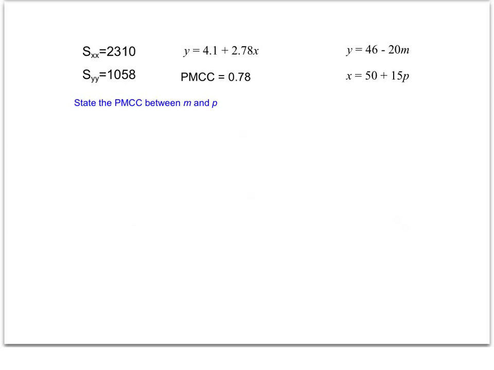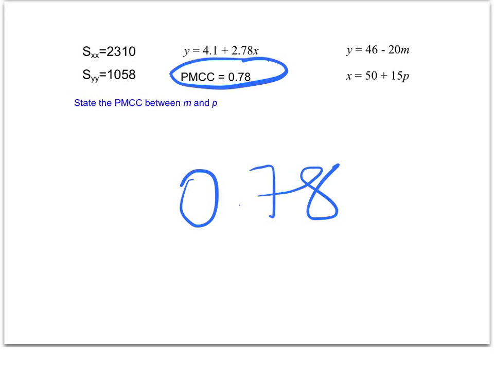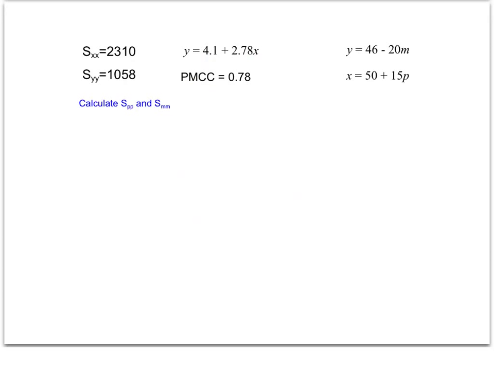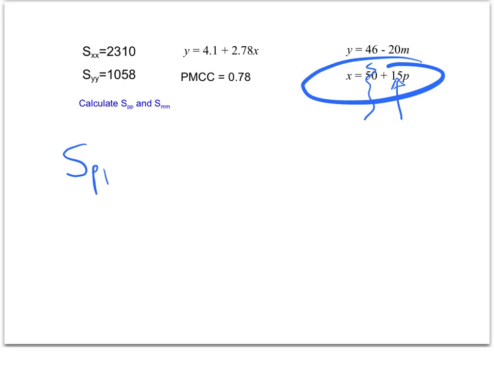Okay, first one, no one should have had a problem with this. The old PMCC is 0.78, PMCC doesn't change, so the PMCC between M and P is 0.78. Easy. Still pretty easy this. SPP, or X, is P times 15 add 50, and we don't care about the add 50. It's not relevant for us at the moment because we're doing it like a variance. So it's the 15 that matters. So the SPP will be 15 squared times SXX. So that's 2310 times 15 squared is a huge number, 519750.